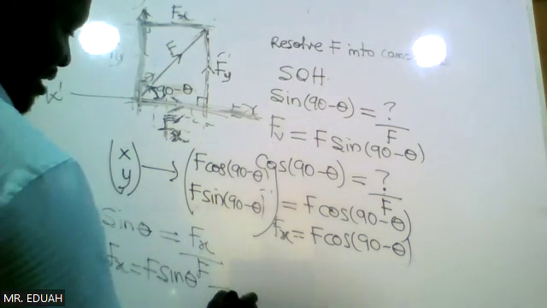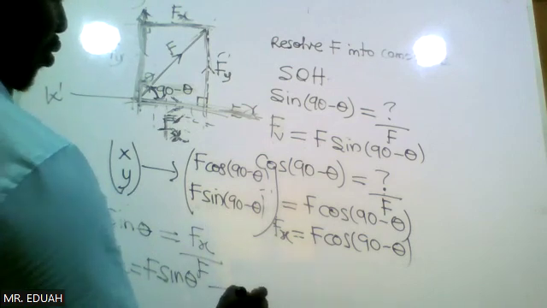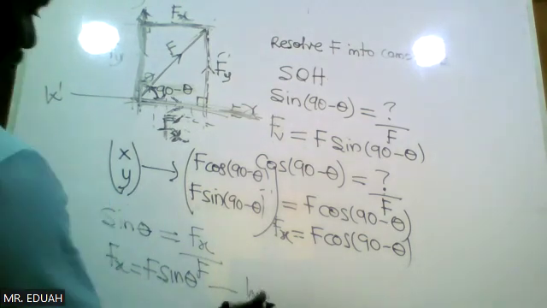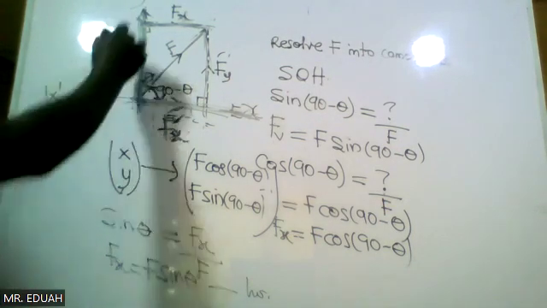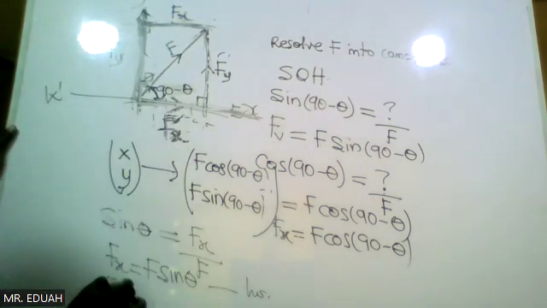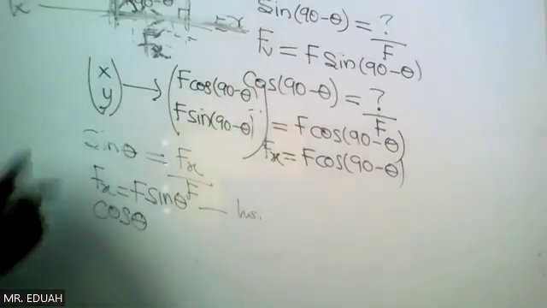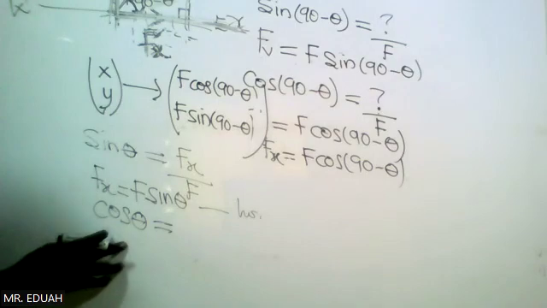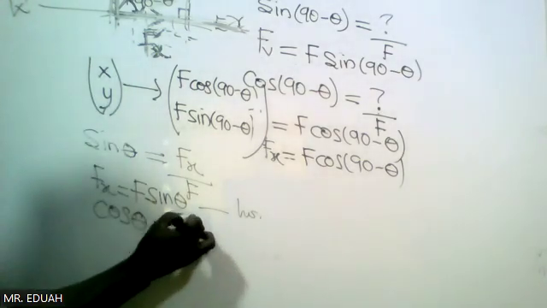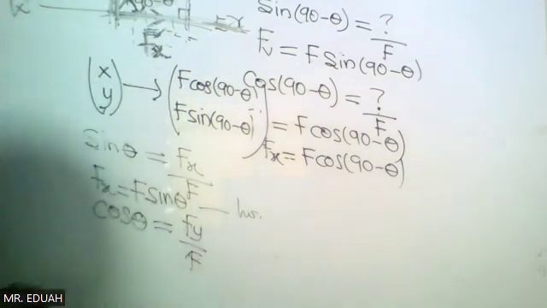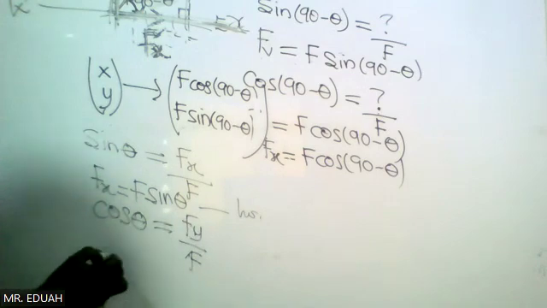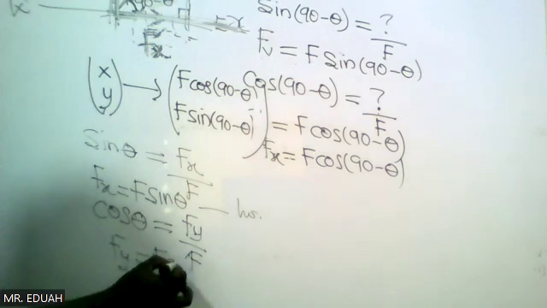This is what we will call the horizontal component, Fx. Now, if I need the vertical, which is y, I take cos of theta. I'll use real numbers when I finish. Cos theta is the adjacent, which is Fy over F. If you make Fy the subject, you have Fy equals F cos theta.